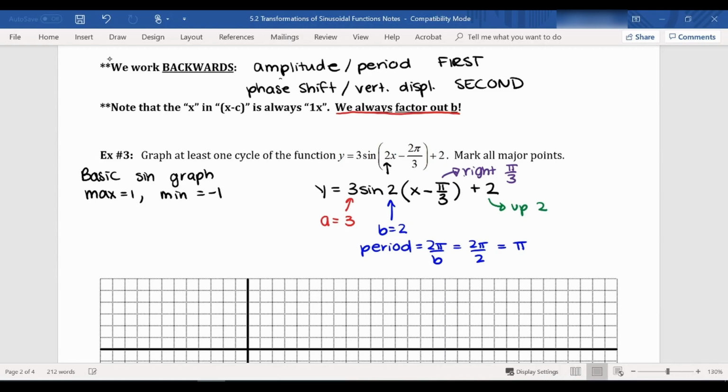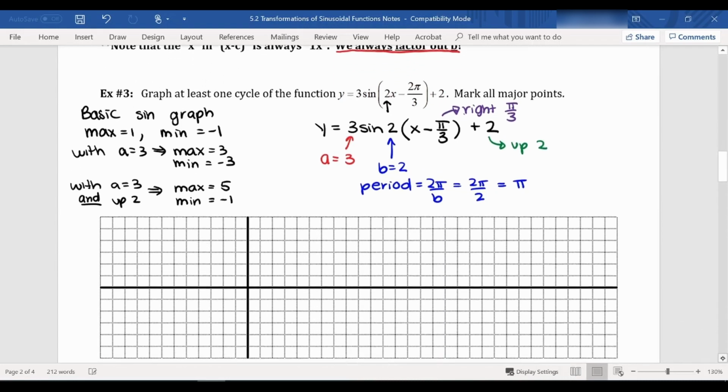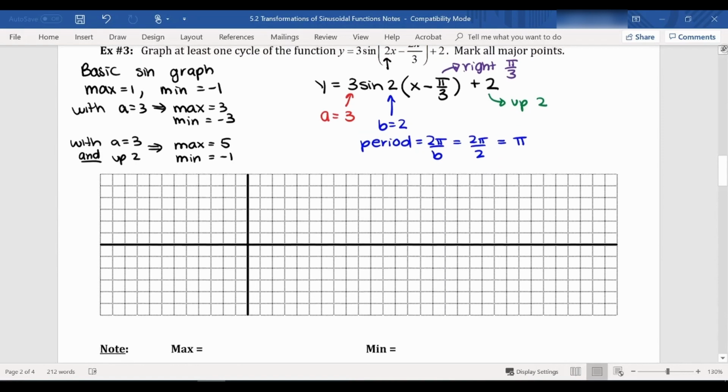If I change the amplitude to 3, our maximum would now be 3, and our minimum would now be -3. But now I'm also moving up 2. So our maximum is actually going to be at 5, and our minimum is going to be at -1. So that's going to help me label my y-axis.